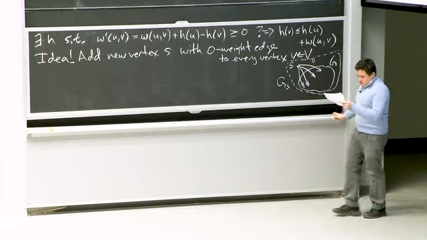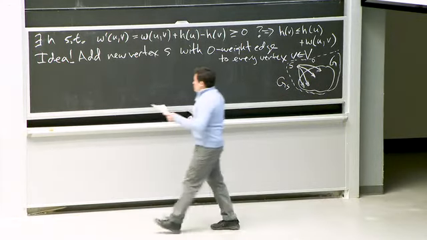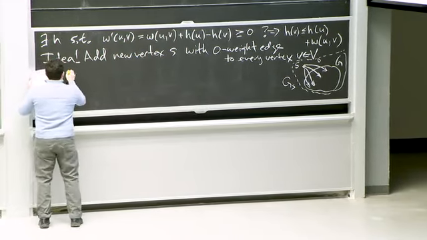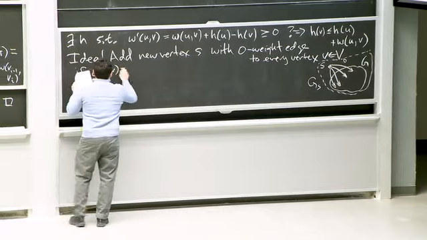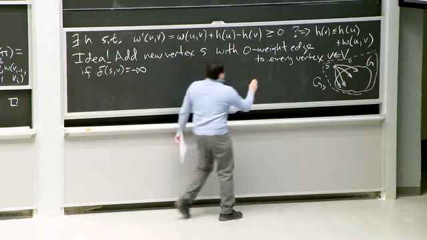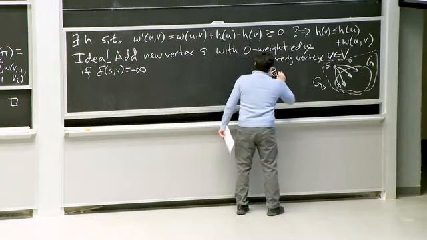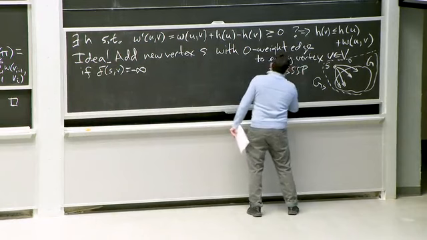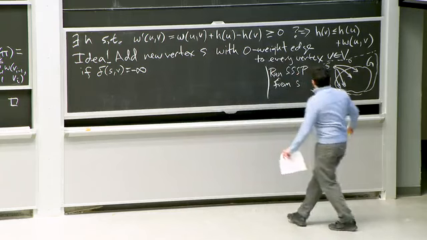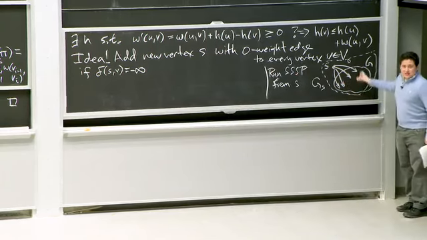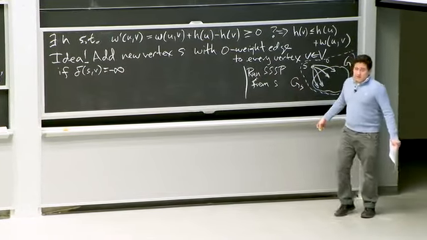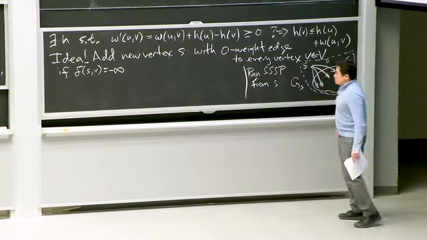Okay, so there are two situations. If delta SV equals minus infinity, so I guess this is run single source shortest paths from S. Really, because this graph could contain negative edge weights and could contain negative cycles, we can't really do better than running Bellman-Ford here from S to compute these paths.